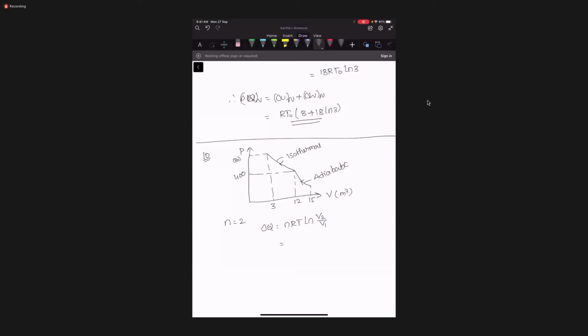Or else nRT you put as P1 V1 log V2 divided by V1, okay? So 400 into volume is how much? 12 into log 3 divided by 12. So 4,800 log 1 by 4. Log 1 by 4, you'll get the answer minus.